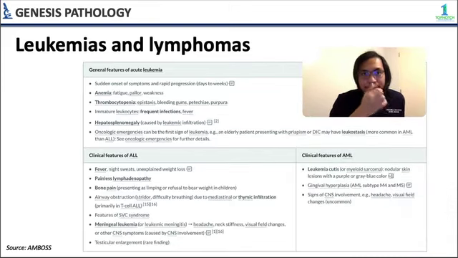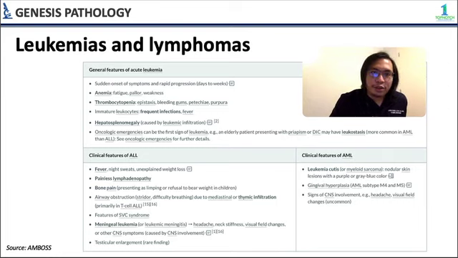General features of acute leukemia: usually acute, so rapid onset. The first presentation is usually pallor, anemia, weakness. It can also present with thrombocytopenia. You have many leukocytes but they are immature and don't function well, so you will have frequent infections. Hepatosplenomegaly, because you will have leukemic infiltration.